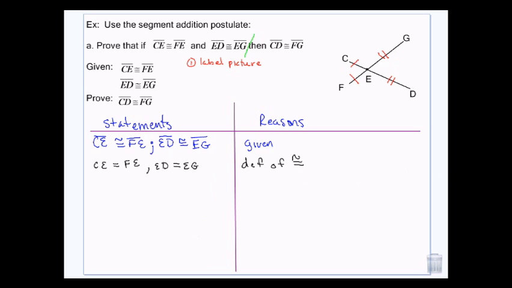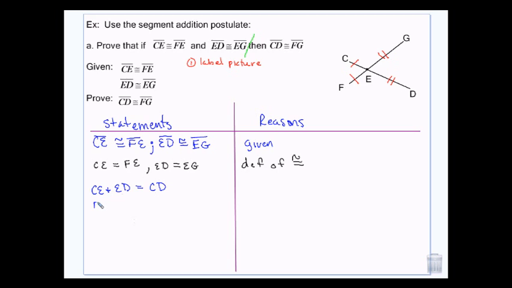Well, if I want to go from these pieces to the whole thing, what do I need to do with the pieces? Add them together. So CE plus ED is going to equal CD.